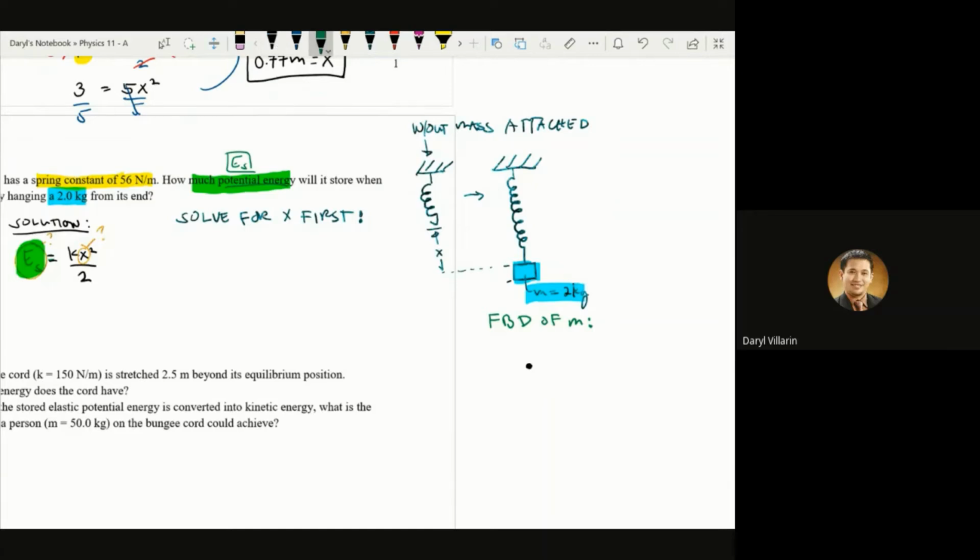So there are two forces acting on M in this case. One is Fg, and the other is your Fs, or the force exerted by the spring. It would be upward. And since there's no movement, it is in equilibrium, at rest.